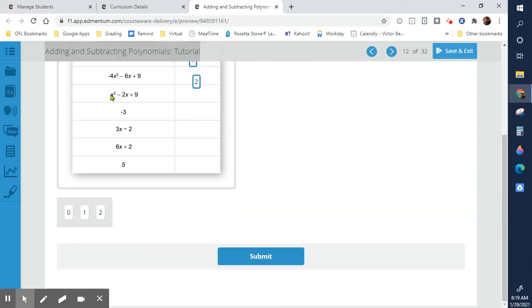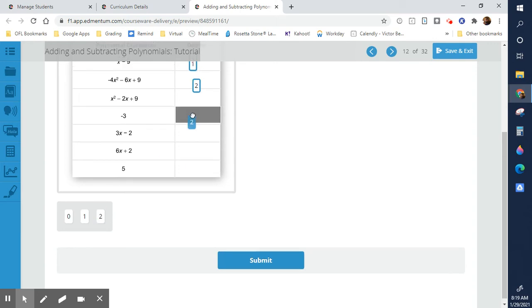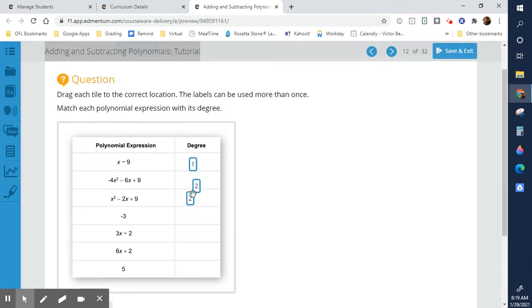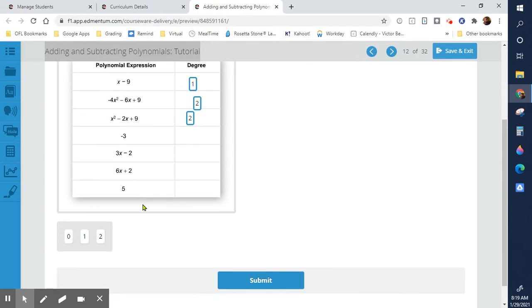Looking at this one, highest power is 2, so the degree is 2. This is a constant. It doesn't have a variable, so its degree is 0. This is a linear function, so its degree is 1.